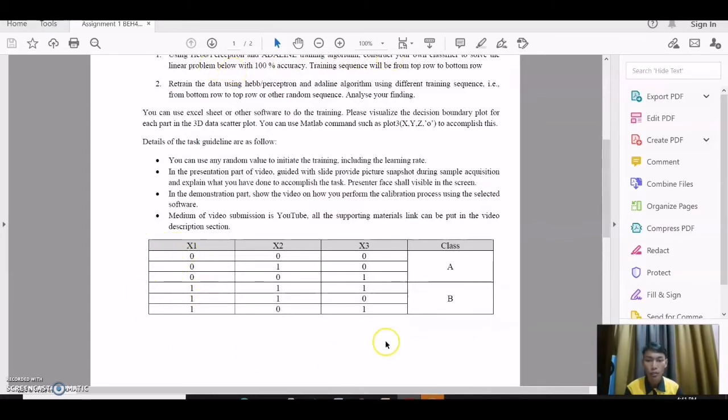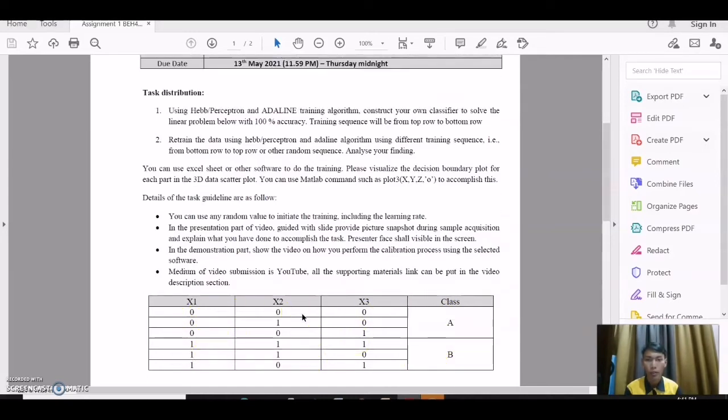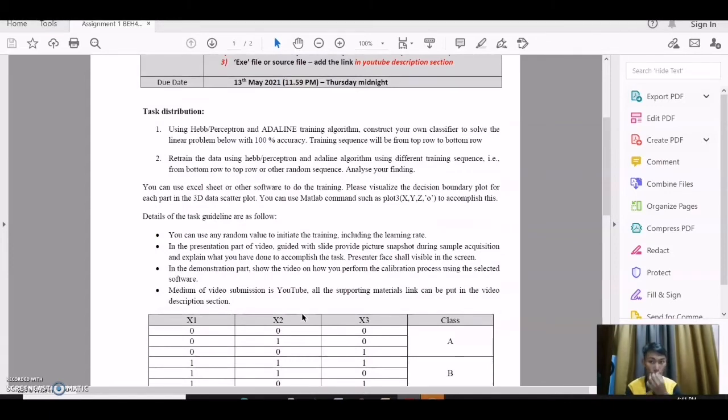So this is the linear problem, S1, S2, S3, and this is for class A and this is for class B. For the task given, we need to do two methods, the first is perceptron and the second one is Adeline. Next we need to retrain the data using the perceptron and also the Adeline algorithm.